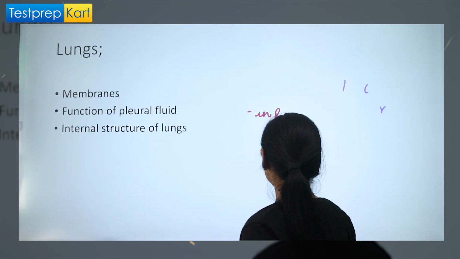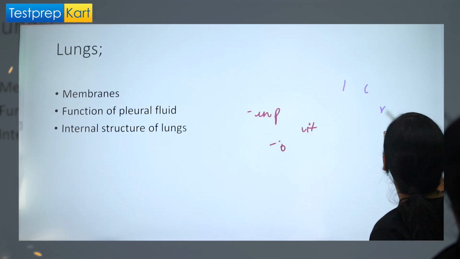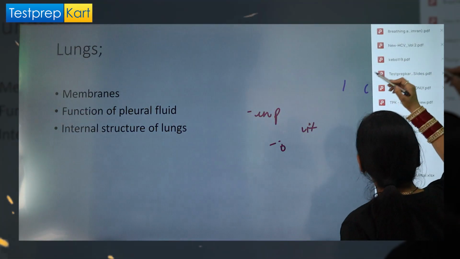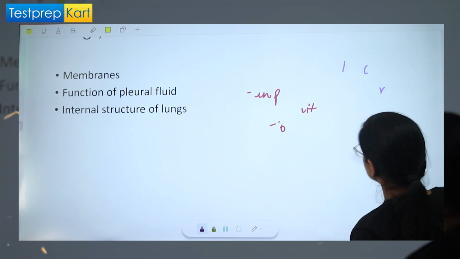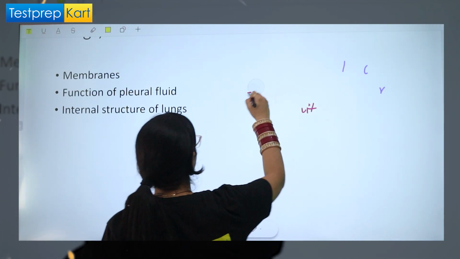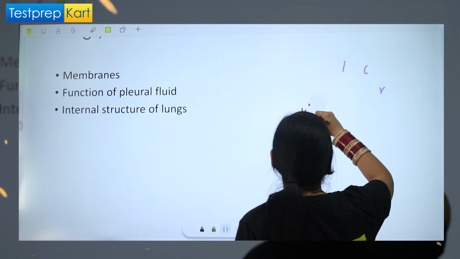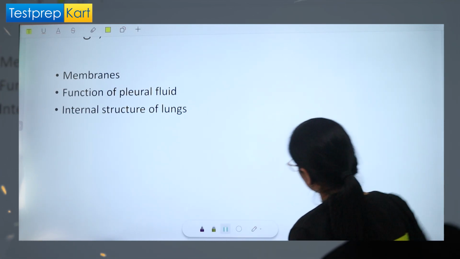about the lungs, we'll discuss a few points here. The lung position. When we talk about the position of lungs, we have said that it is well protected in the thoracic cavity, and it is two in number, right?